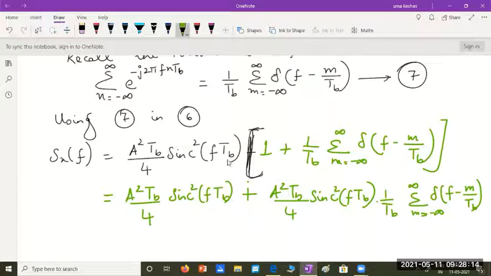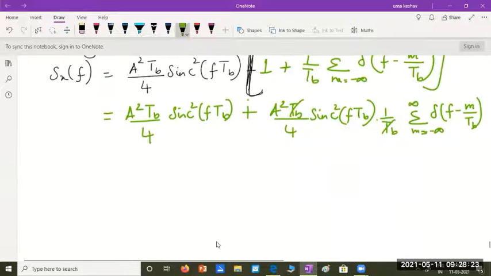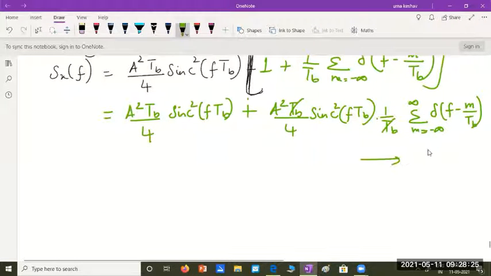Okay, so whatever I had taken as common, I have multiplied it again. So this Tb cancels, and this result, if I should find, it is better to plot a graph. Okay, so we will try to find this.